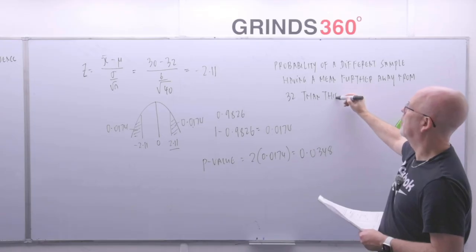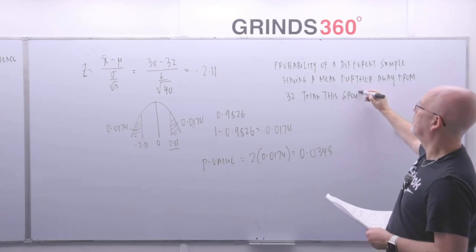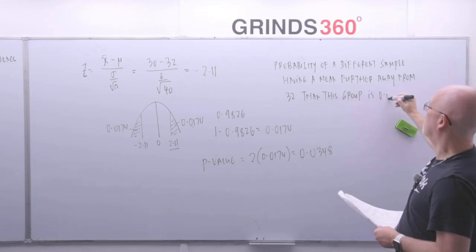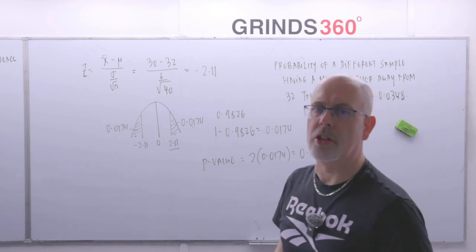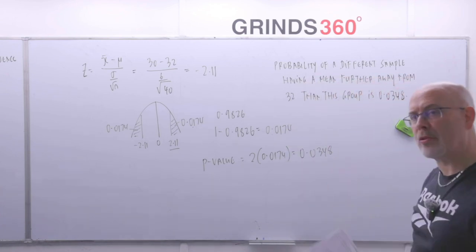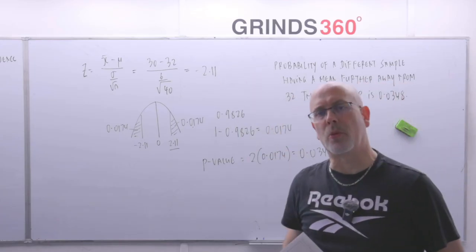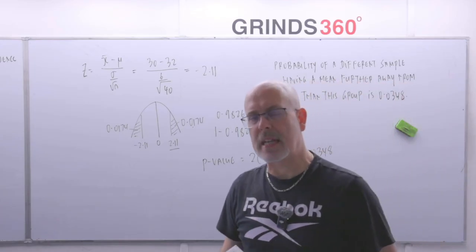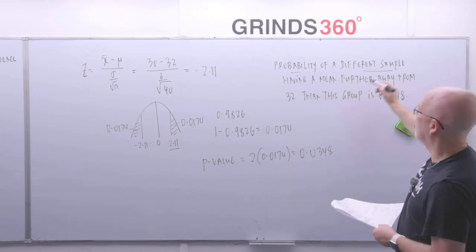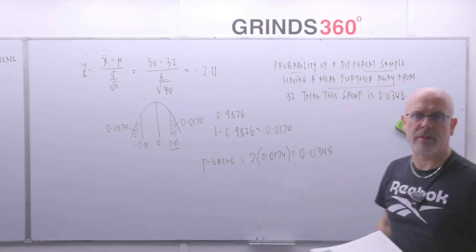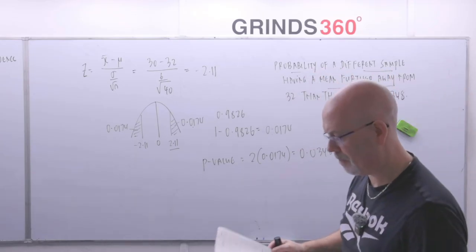This group's mean is 30, is 0.0348. So there's a very, very small likelihood we could find a sample group more unusual than this one if that mu equal to 32 was true. That's why we kind of say that mu equal to 32 might not be accurate. So probability, different sample group, a more extreme result, further away from the one that was quoted for the population.